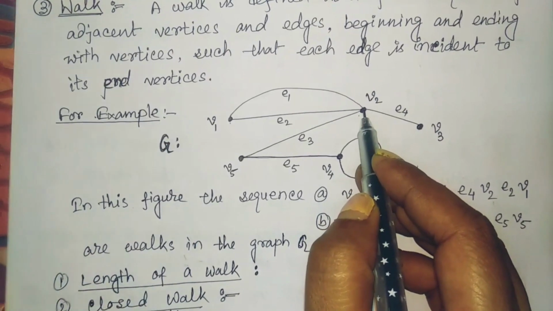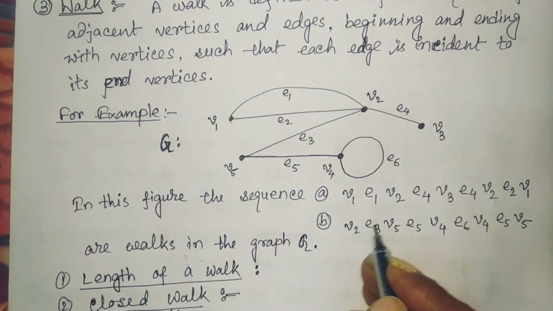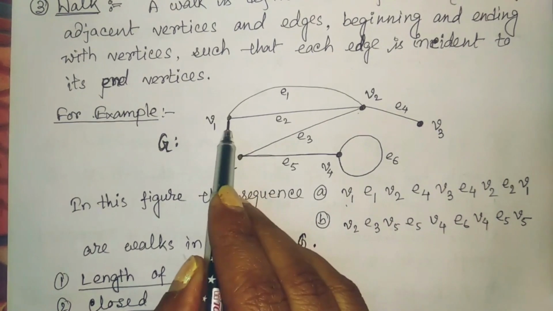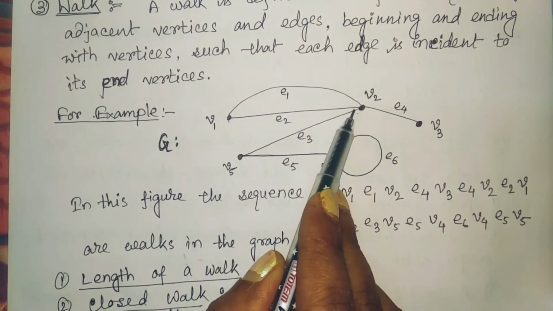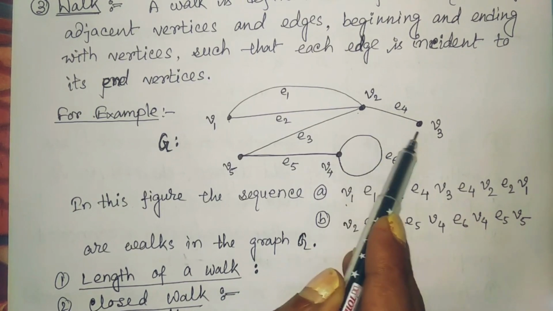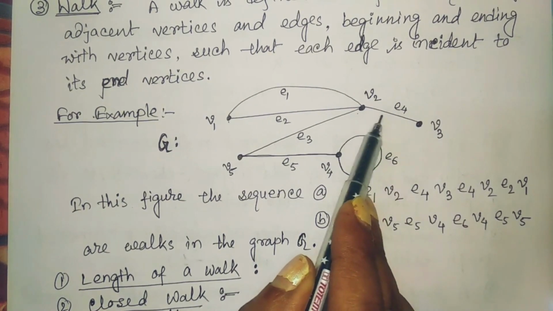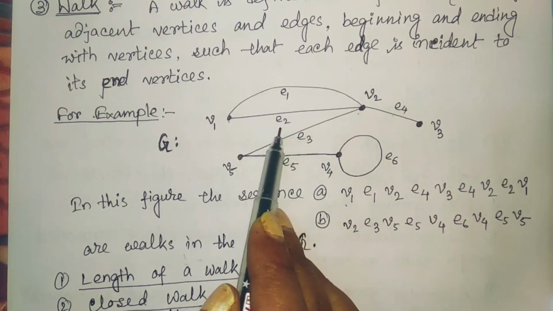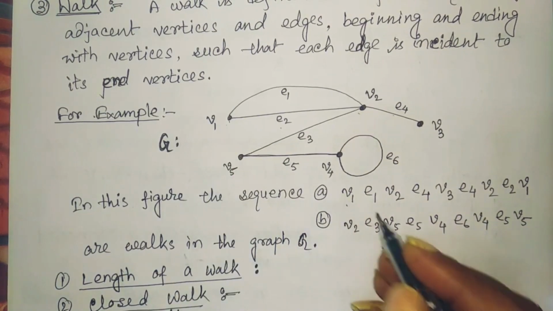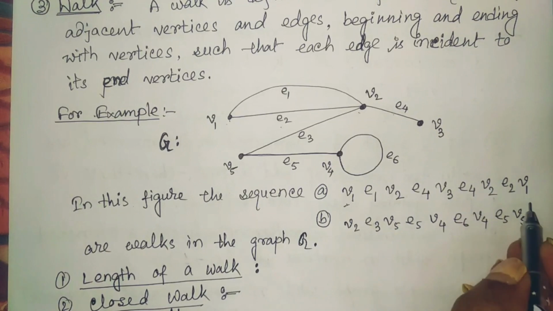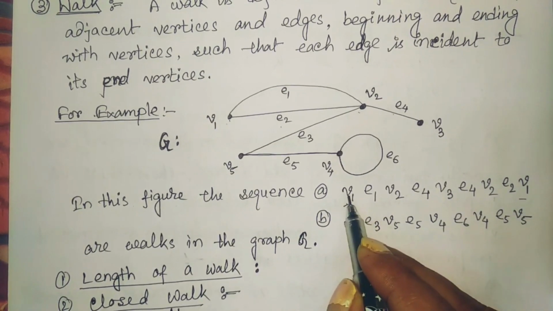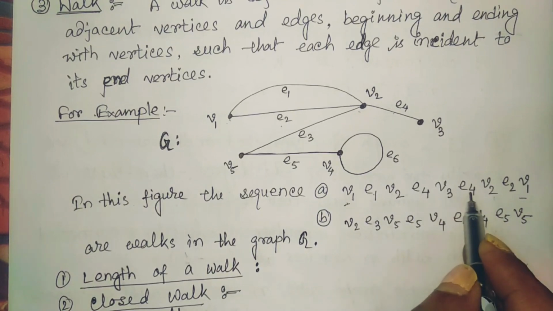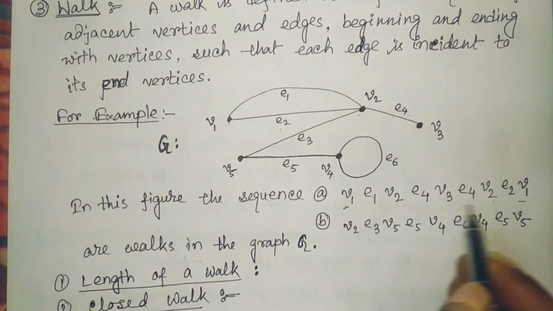Let us consider a walk: V1, E1, V2, E4, V3, come back to V2 through E4, then E2 and V1. Look, it starts with a vertex and ends at a vertex. It is a repeated combination of vertex, edge, vertex, edge, like this. This is a walk.